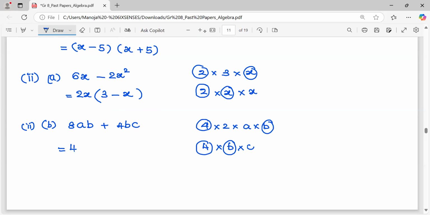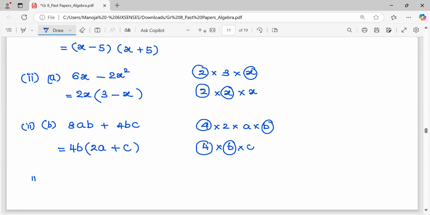Therefore, I take 4B out. And inside the bracket, I can write 2A plus C. When you expand the values like this, children, it's easier for you to write the bracket component. 4 and B common, so the remainders are 2A and C.